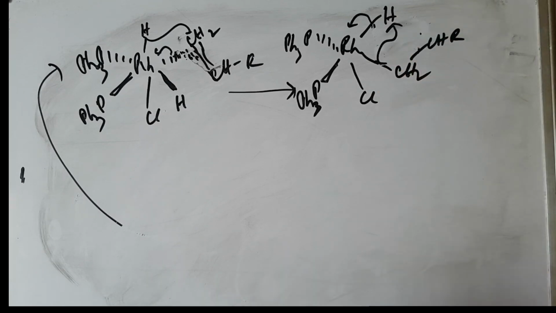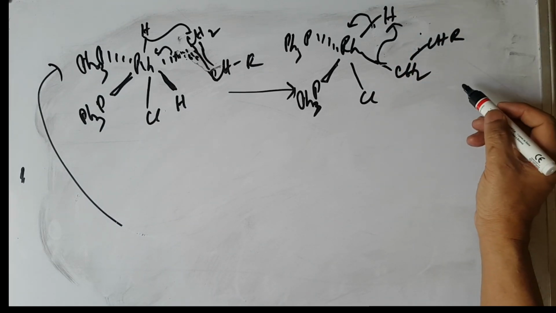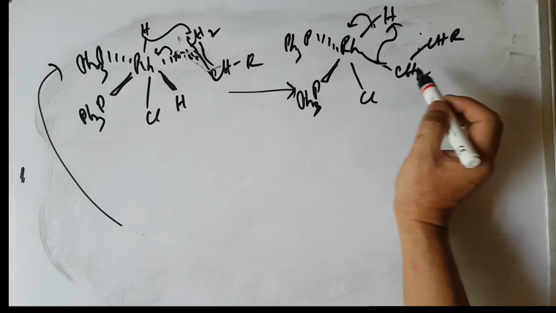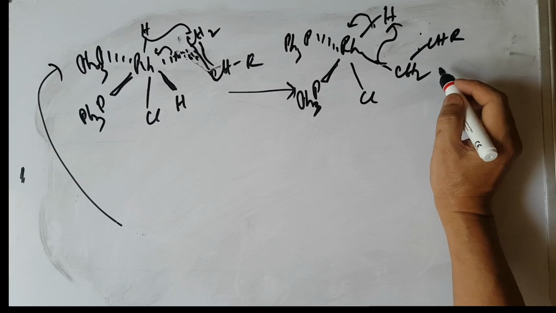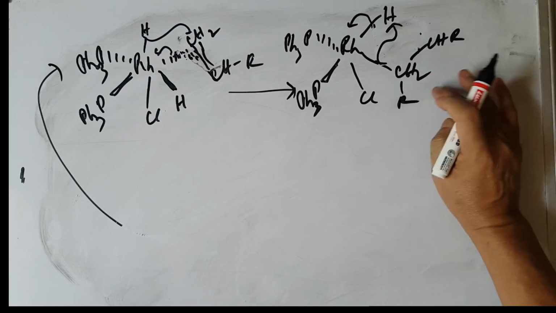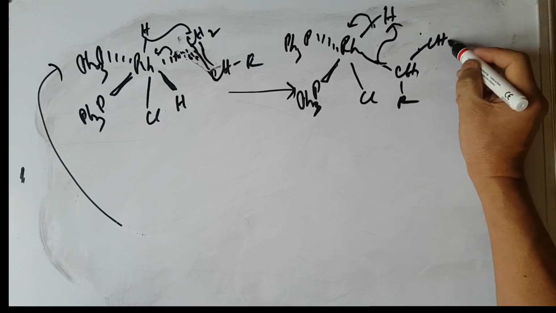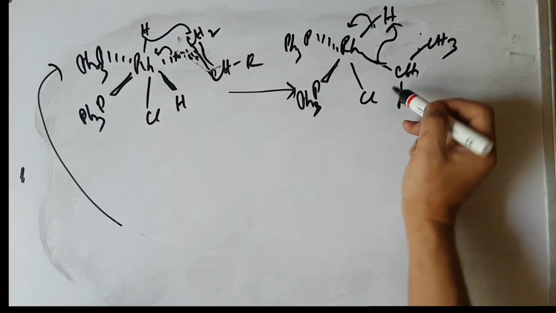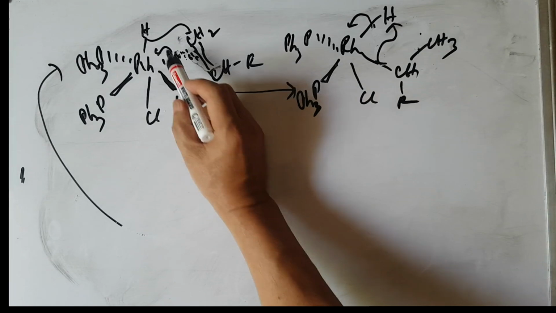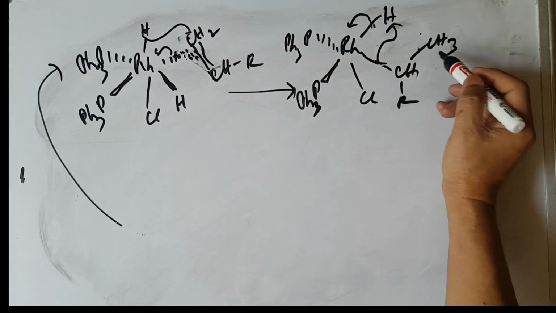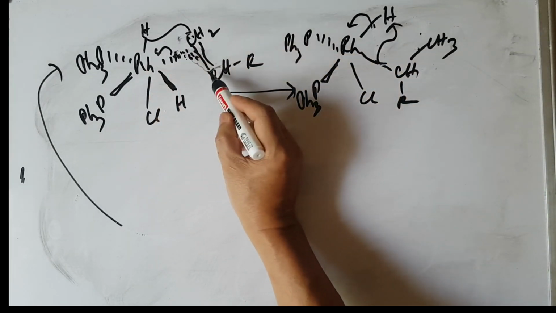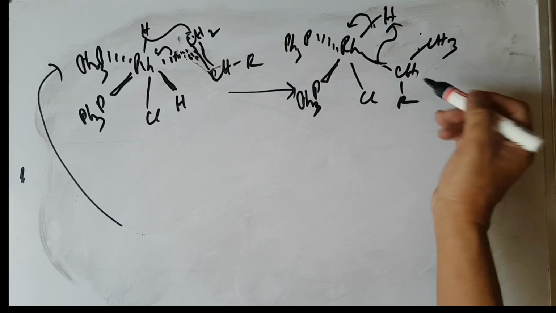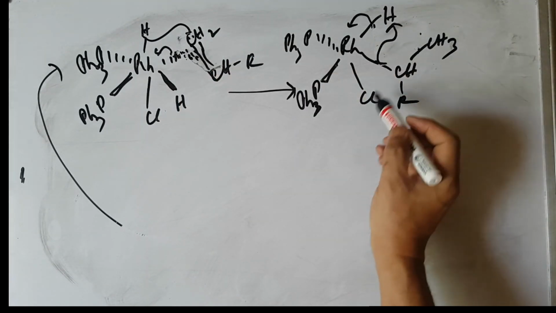Another way: pick up the CH3CHR. This CH3 will come here, and now the hydrogen attacks the CH2. If the hydrogen attacks here, we get another way: this hydrogen goes here, so it becomes CH3. If you attack here, then it will become CH2R, like that.